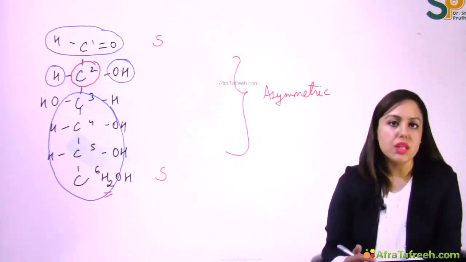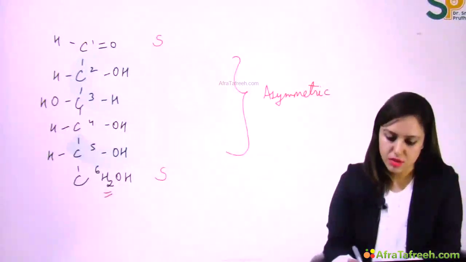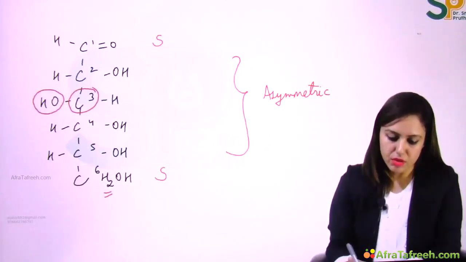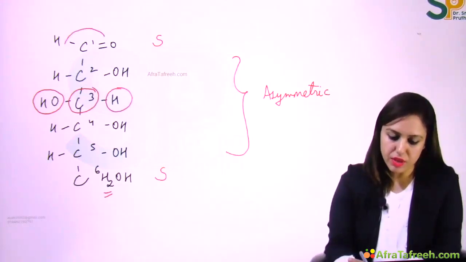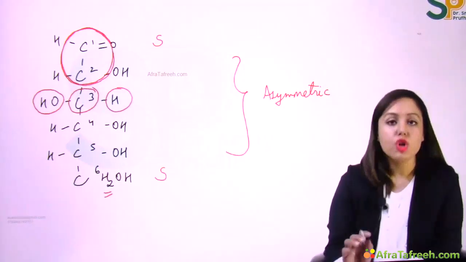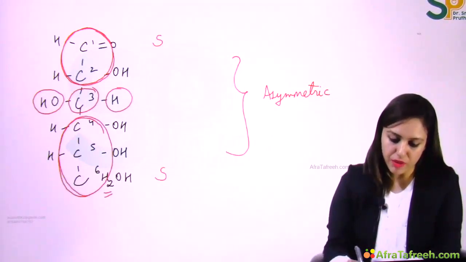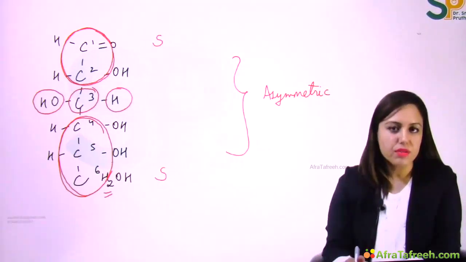So C2 is asymmetric. Now look at C3. When you look at C3, one valency is occupied by OH, other valency with hydrogen, third valency with this group having 2 carbons, right? Fourth valency by this group having 3 carbons. So again, this is asymmetric, right?